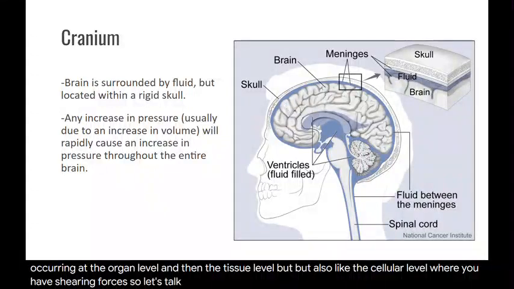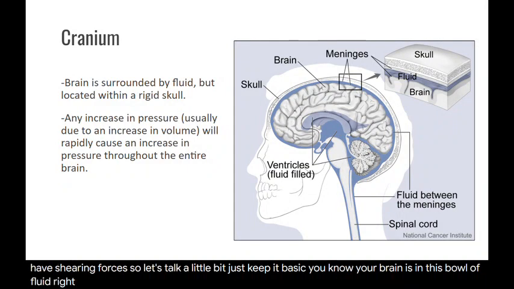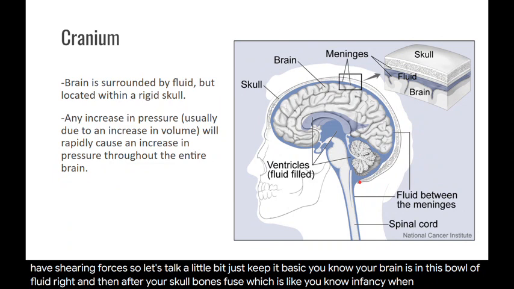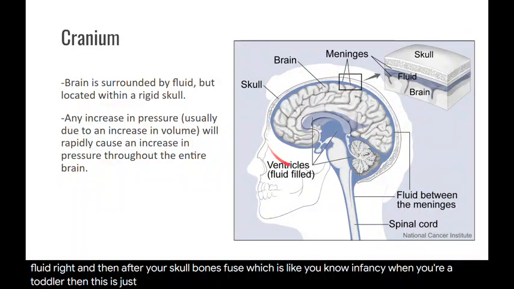So let's talk a little bit, just keep it basic. Your brain is in this bowl of fluid, right? And after your skull bones fuse, which is in infancy, when you're a toddler, then this is just this hard container. Your brain can't go anywhere. And so what does that mean?